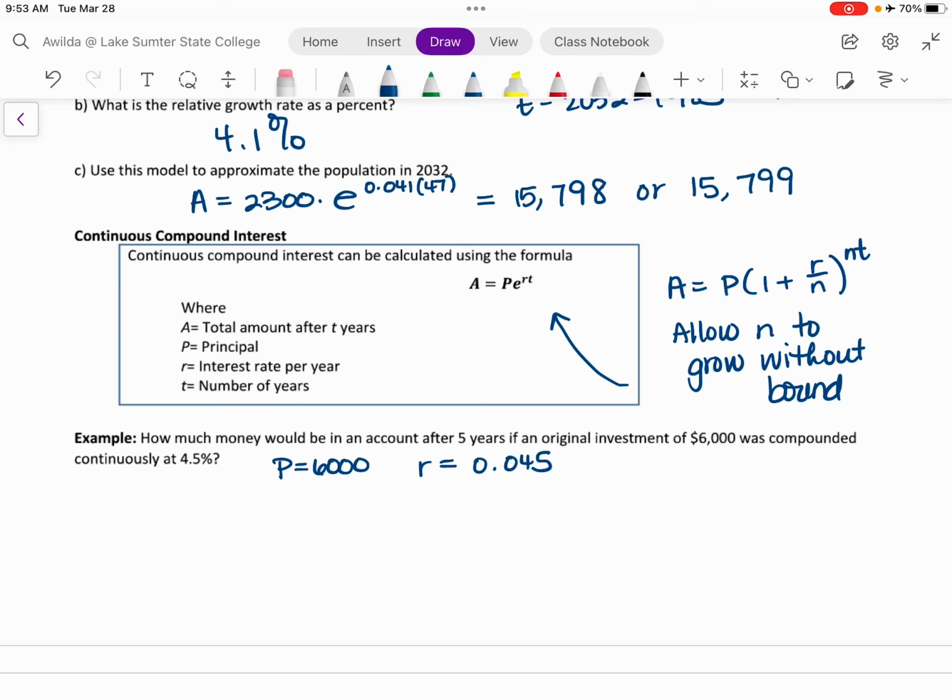And we have here that we are allowing 5 years to go by. So in this case, we have A equals P times E to the R times T power. Entering this carefully into a scientific calculator will tell us that after 5 years, the $6,000 will grow to $7,513.94.